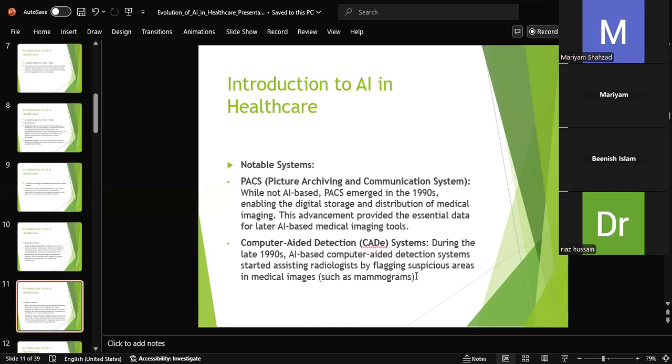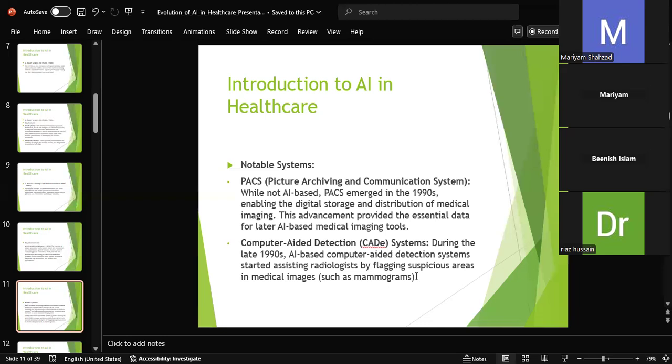So basically, computer-aided detection, in the AI-based systems, started assisting the radiologist.